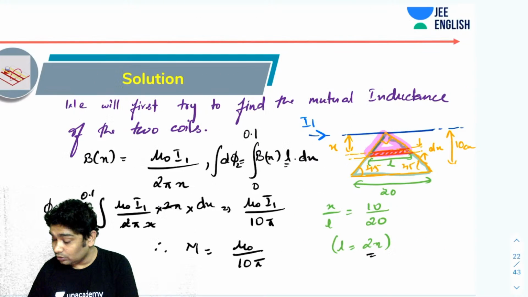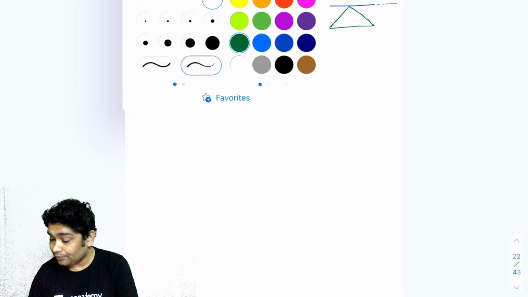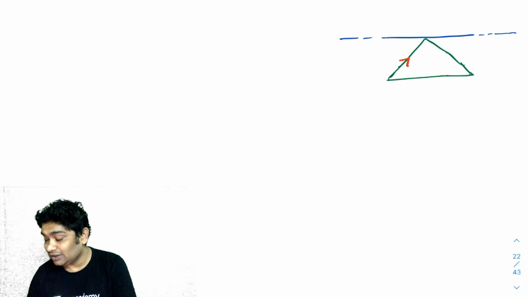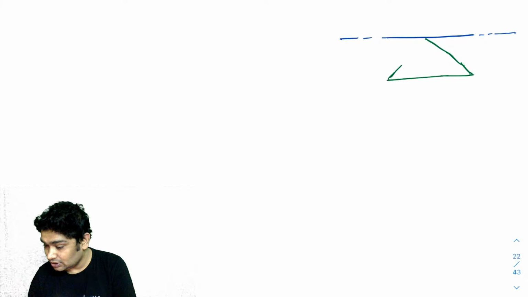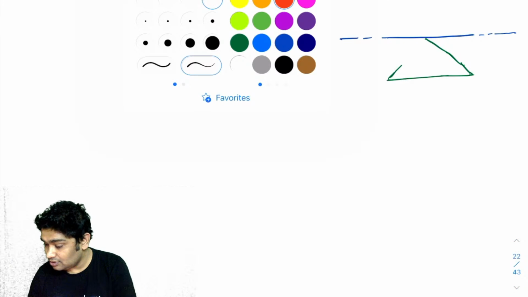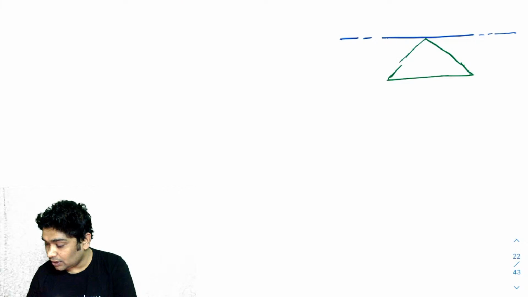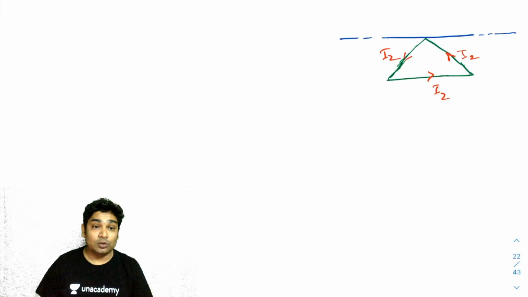Let's call this I2. Let's assume that this is carrying. Okay, so that I2 was in the counterclockwise direction. I2 was going through it like this. So this is the direction of I2.